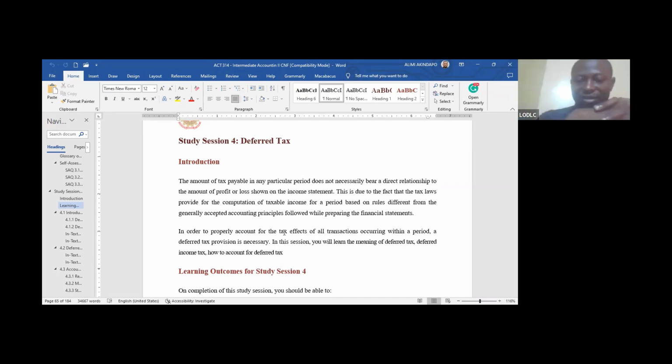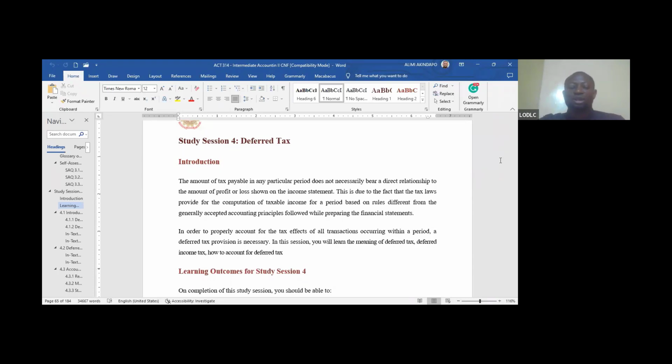And this tax is charged based on the profit made by the company as adjusted according to the tax law. So the amount of tax payable in any particular period does not necessarily bear a direct relationship with the amount of profit or loss shown on the income statement.